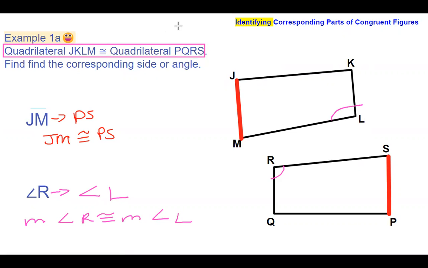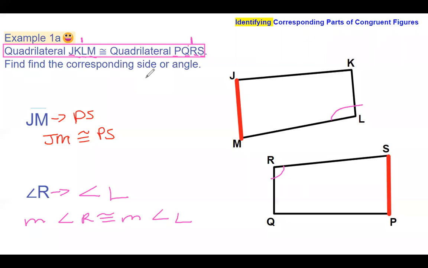So in this case, J corresponds to P, K corresponds to Q, L corresponds to R, and M corresponds to S. So angle R is my third vertex, therefore it's my third vertex in the other statement. So I have that L is the part corresponding to R.